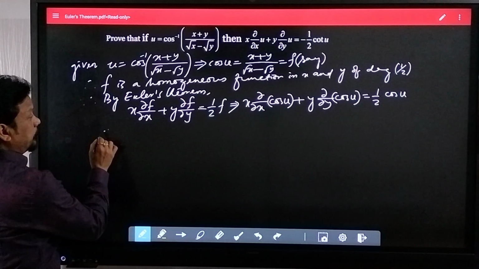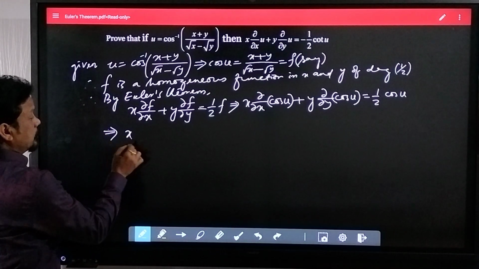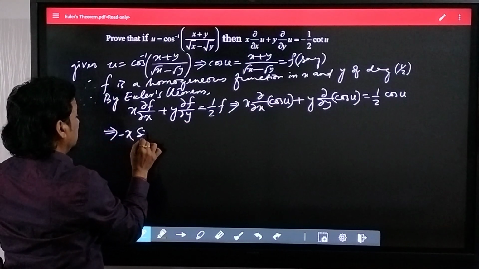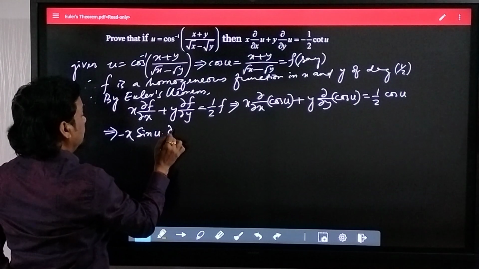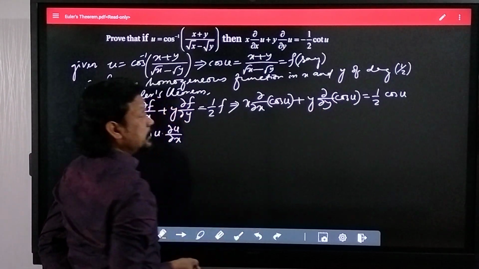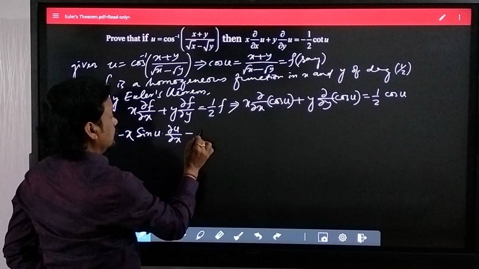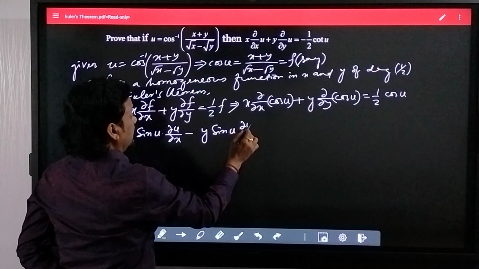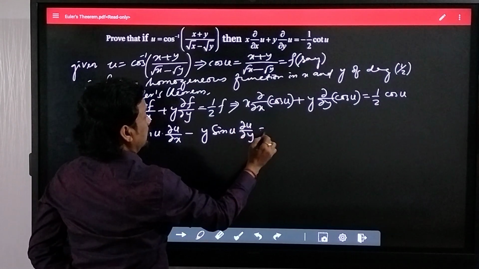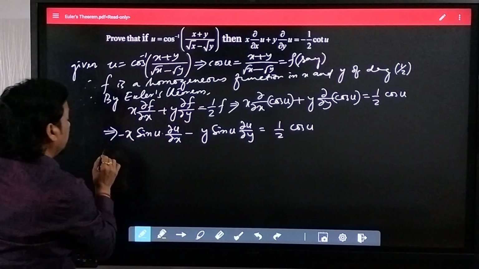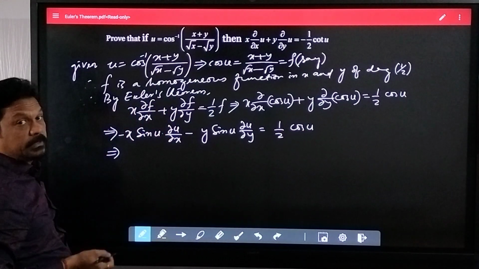So it implies x into the derivative of cos u, it is minus sin u into del u by del x, and here the derivative of cos u is minus sin u, minus y sin u into del u by del y is equal to half into cos u. I am dividing minus sin u on both the sides.